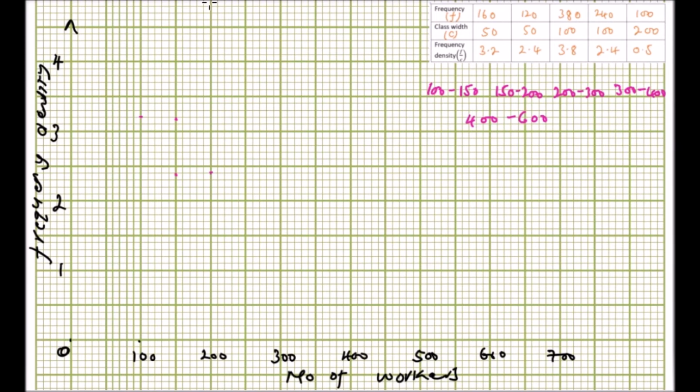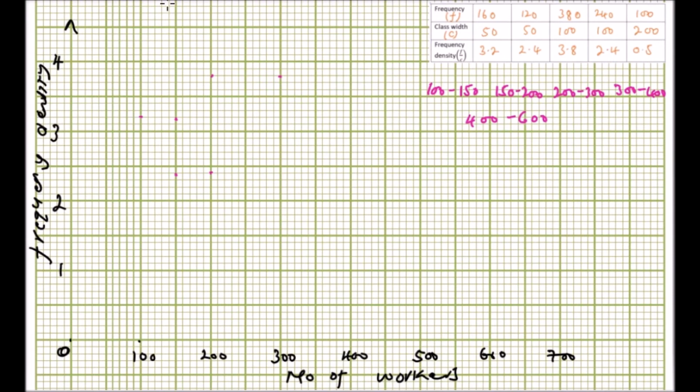Then from 200 to 300, it is 3.8. So at 200, we have 3.8 there, to 300 is 3.8. We draw our bar there. Then from 300 to 400, the frequency density was 0.4.